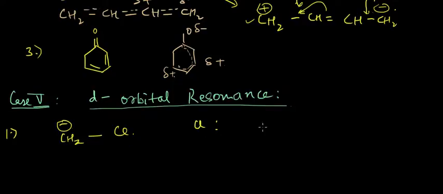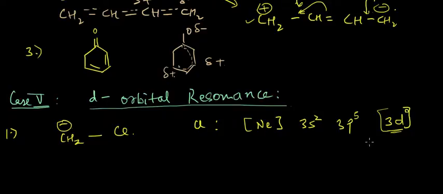So if you look at the configuration of chlorine, it is Ne 3s2 3p5, and 3d is a vacant orbital. Okay, so what will happen is this negative charge will form a bond with chlorine atom, as the chlorine can accept its electron in its vacant d orbital.